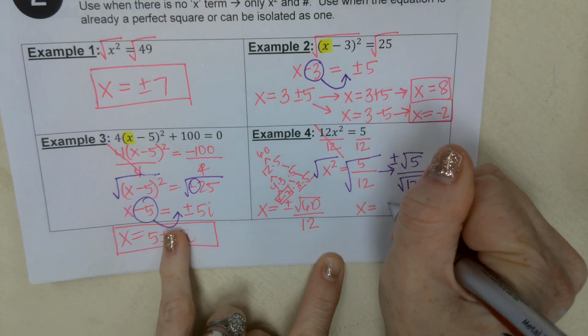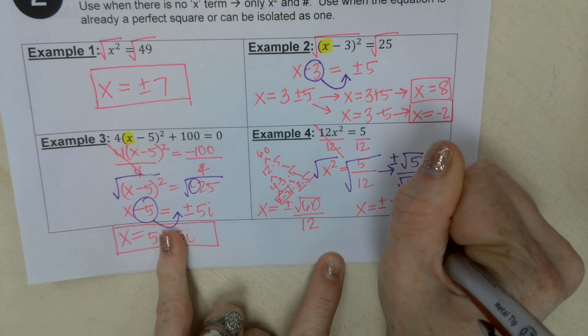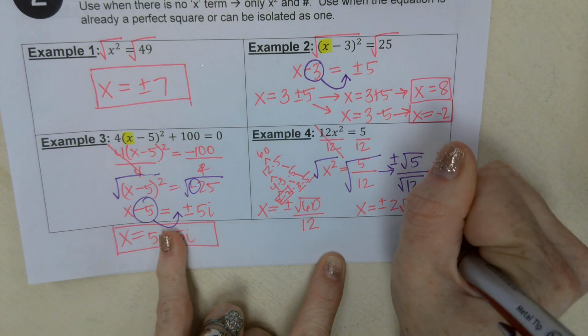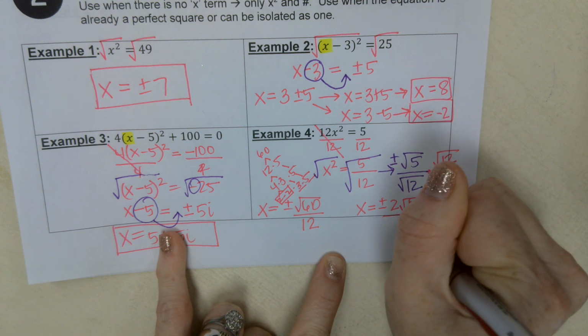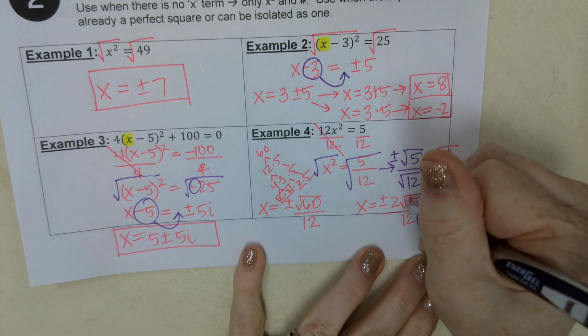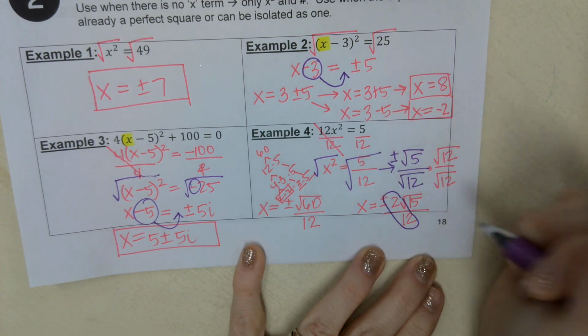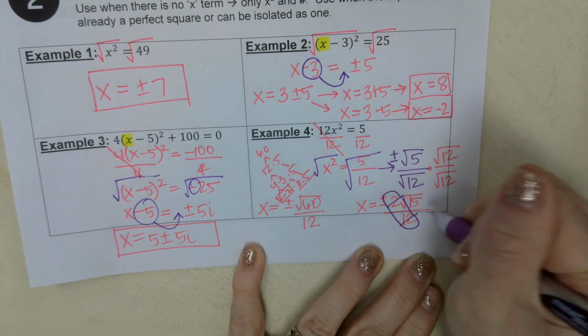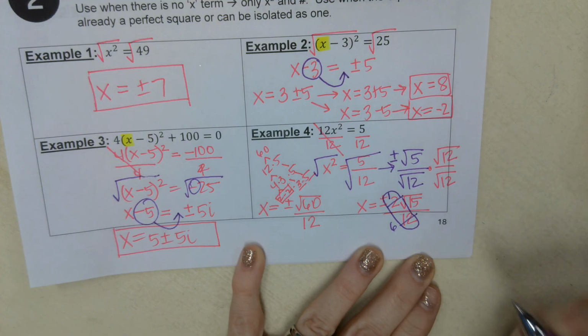So right here, I got x equals plus or minus 2 square root 15 over 12. And then we've got these outside numbers right here. The 2 and the 12 become 1 and 6.